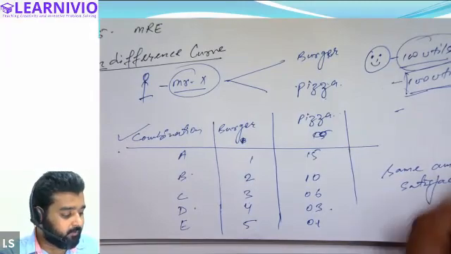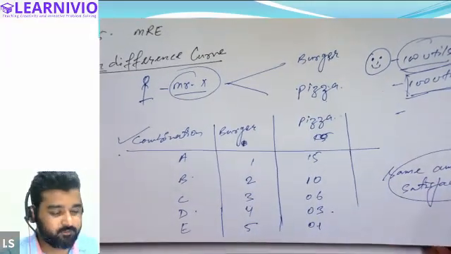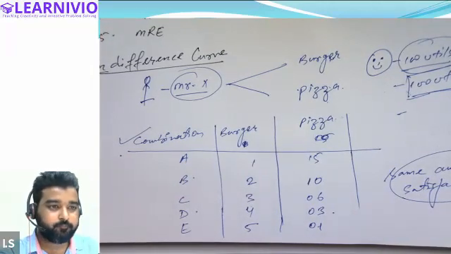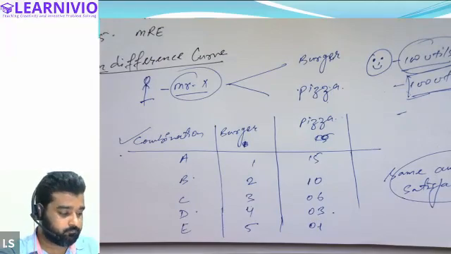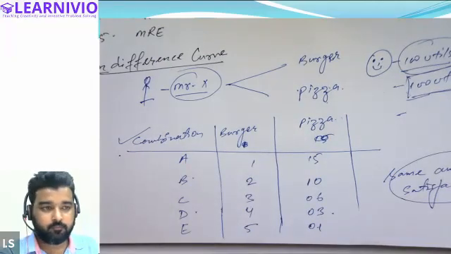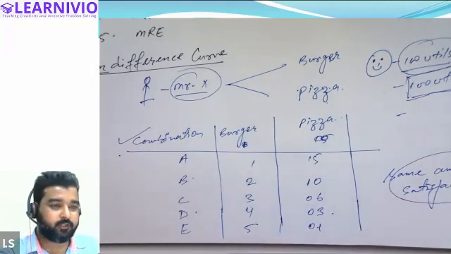So every combination is giving him equal amount of satisfaction. Sir, so if combination A has 100 utils, then from combination A till E, it will have 100 utils. Correct. It will have the same amount of satisfaction.